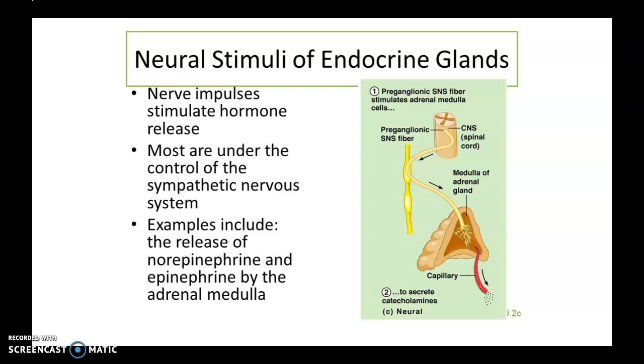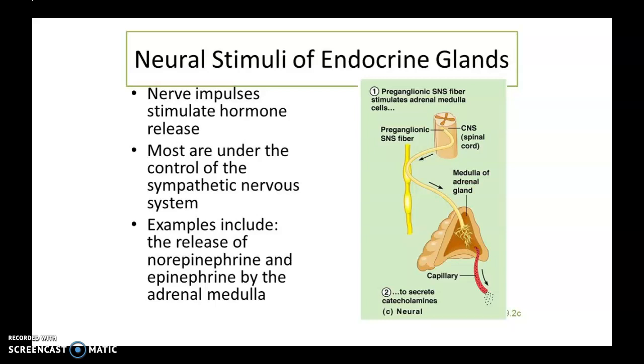Now, the adrenal medulla is technically an extension of the nervous system, and when these nerves release their neurotransmitters, the neurotransmitters are dumped straight into the bloodstream. That means the neurotransmitters are acting as a chemical signal in the blood, which is technically a hormone.